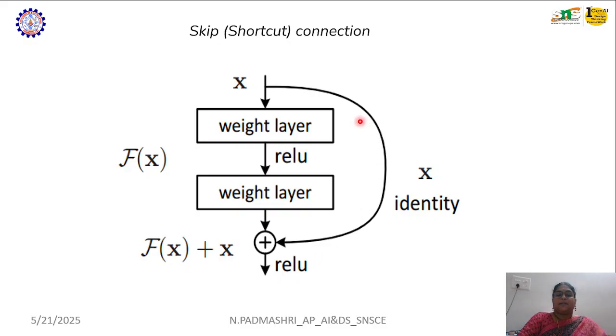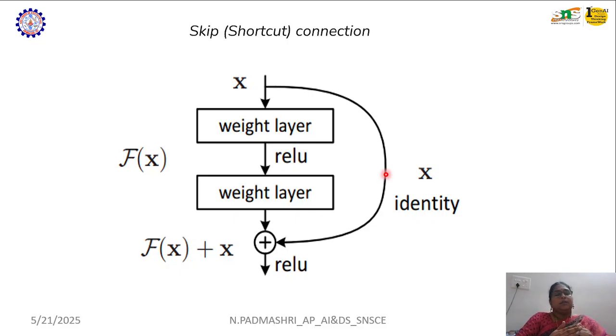I hope you understand. We give the input, which is processed by the functions. The activation function F of x checks whether the particular node is active or not. It transmits to the other layer, and plus x adds the input value. It checks the rectified linear unit; if it is positive, it transmits and adds, so it forms a set of blocks like this, the blocks which are in working condition.